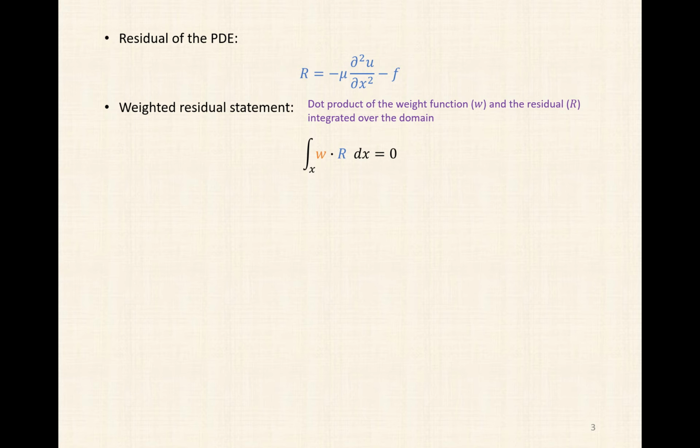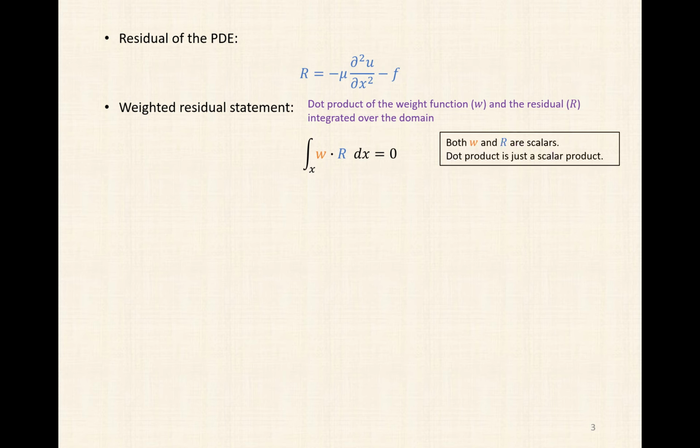There are various ways to think about it. We are projecting the residual onto the weight function space, and that projection should be equal to 0. In other words, the residual should be orthogonal to the weight space W, since a product equal to 0 means they are orthogonal.